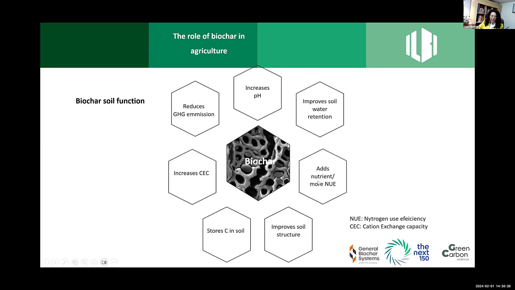Also, due to the high quantity of carbon, biochar is a powerful tool to reduce greenhouse gas emissions. And of course, as you know, biochar also increases cation exchange capacity.